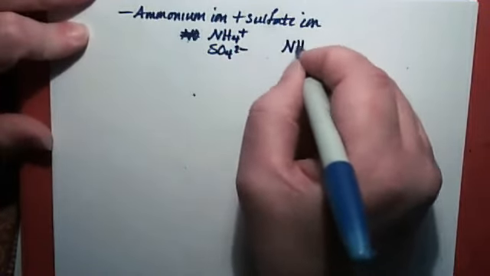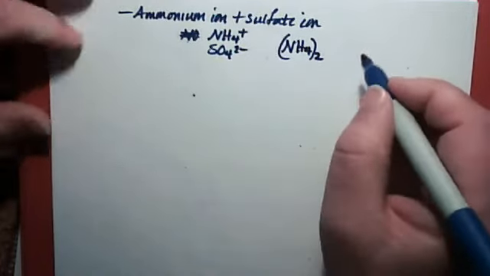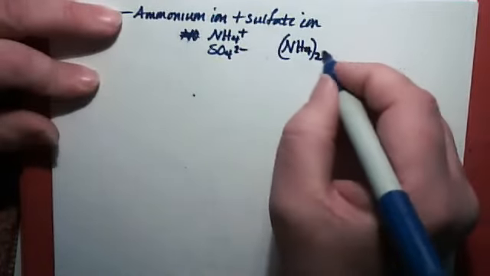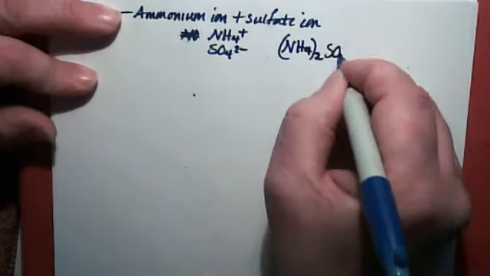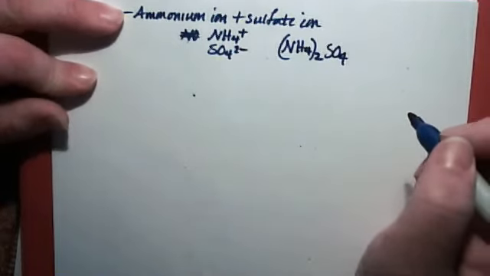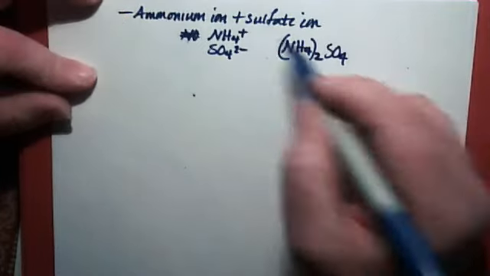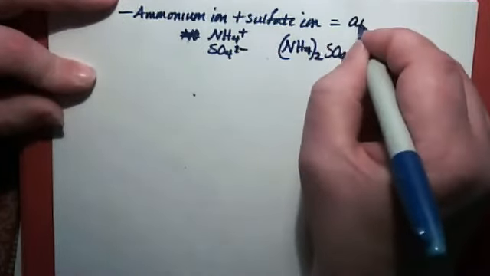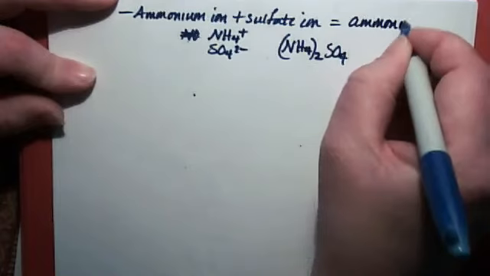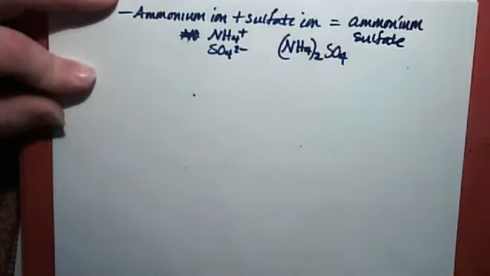And so that means that the formula, you need 2 ammonium ions. So the formula for the ammonium ion has to go in parentheses, while the formula for the sulfate ion does not, because there's only 1 sulfate ion in this compound. So ammonium sulfate would have this formula here.